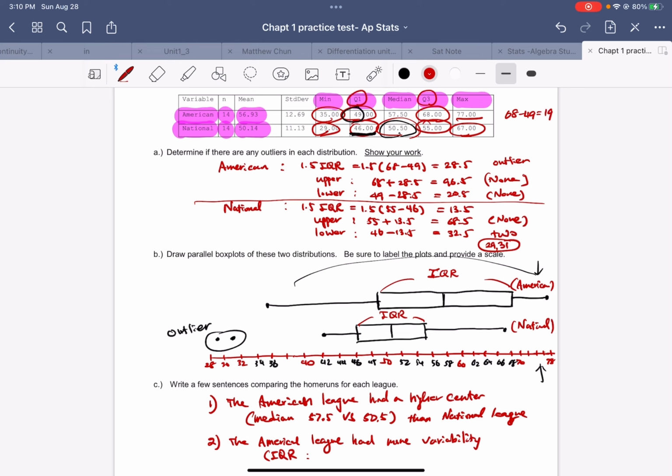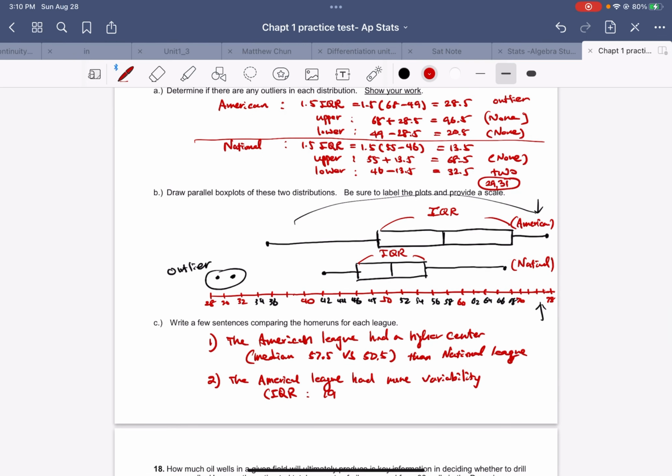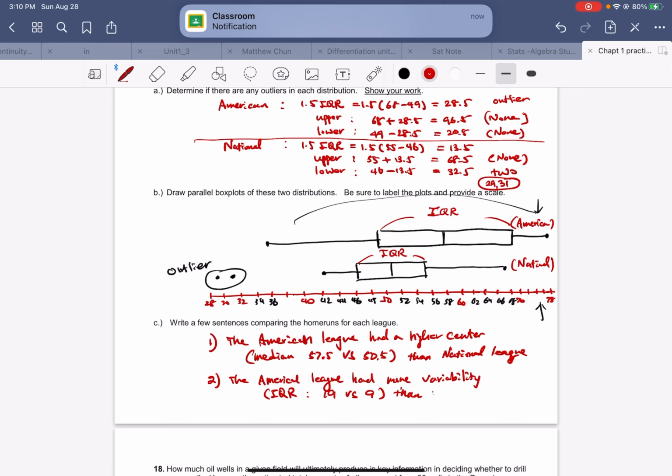And here, 55 minus 46, which is only 9. So you can say 19 versus 9, more variability than National League.